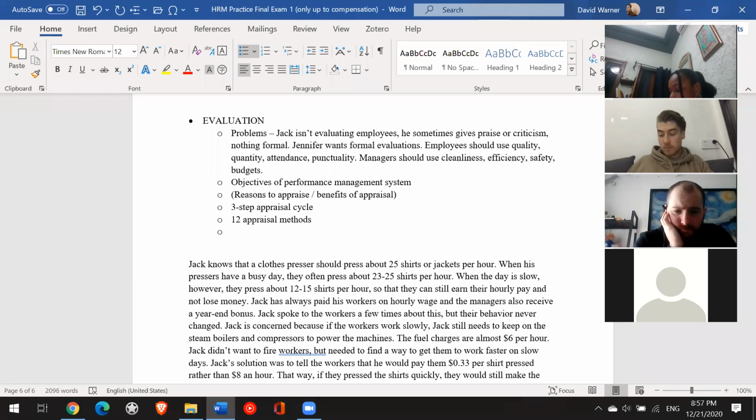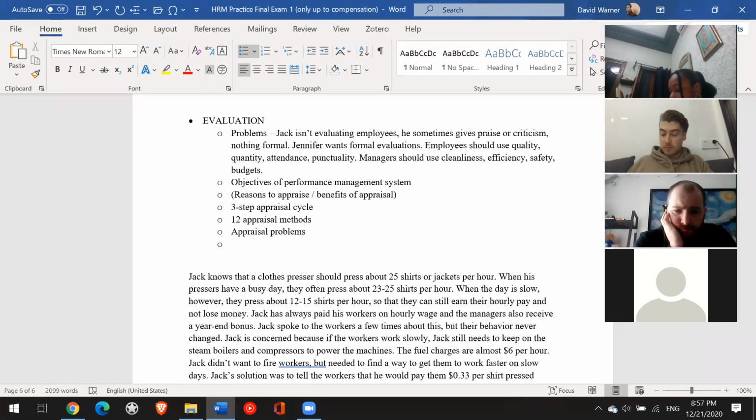After this, there are some appraisal problems we learned about, and then segmenting employees, and we talked about the 4x4 matrix. Let's make sure we understand that. What does segmenting employees mean? Can somebody tell me? Is it based on the employee's value to the organization? Yes.